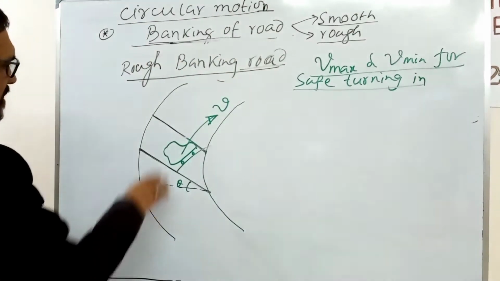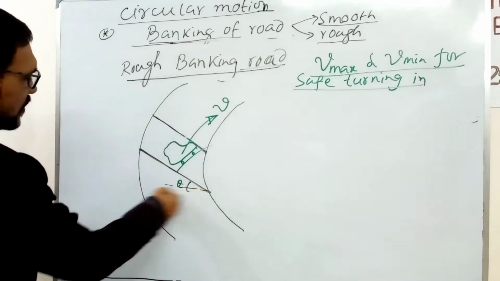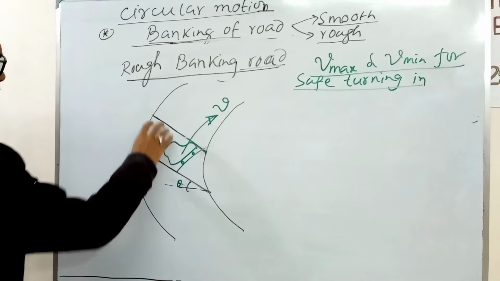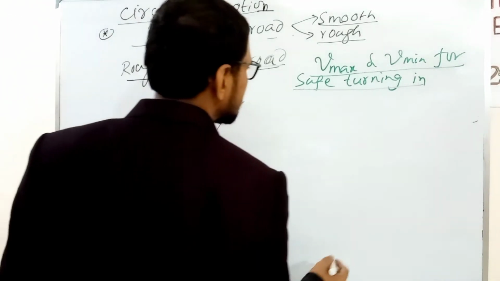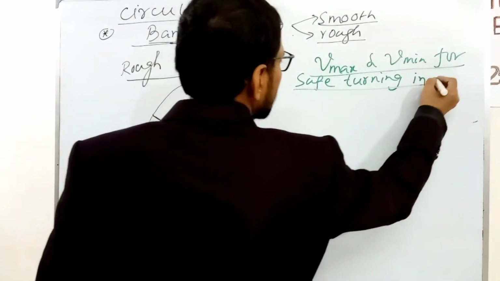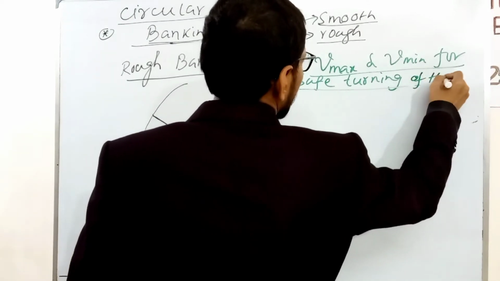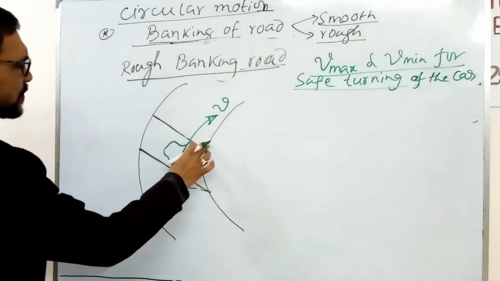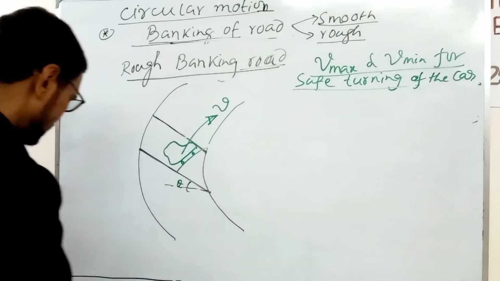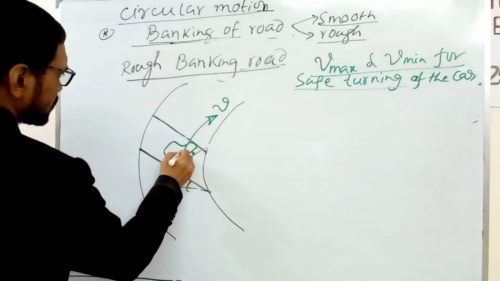Banking means that the road is inclined with the horizontal. This is the banking road. Now the road is rough, that is, there is friction on the road. Find v max and v minimum for safe turning of the car. Now here, what are the different forces acting on this car? I will show.